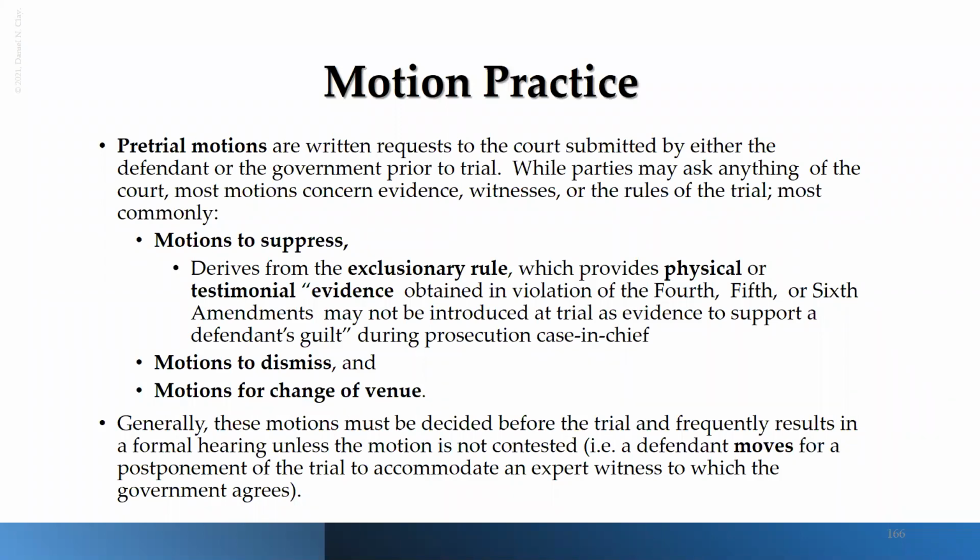But you say to the court, yes, that's what the Constitution says, but as a matter of fundamental fairness, I cannot receive a fair trial if we have the trial in this jurisdiction, right? So we need to move the trial.